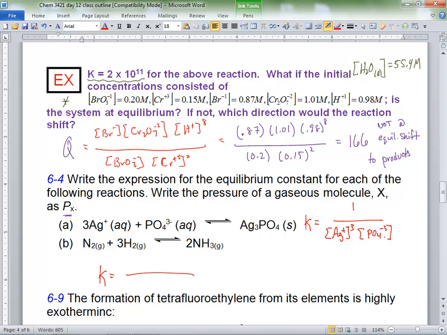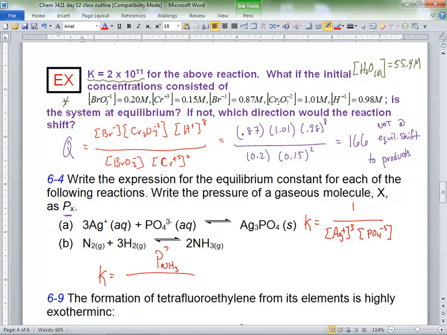Yeah, but how do you write NH3? They want you to use, do you see it? Whenever you have a gas, the P probably stands for pressure, right? So P with a subscript NH3 raised to the what power?